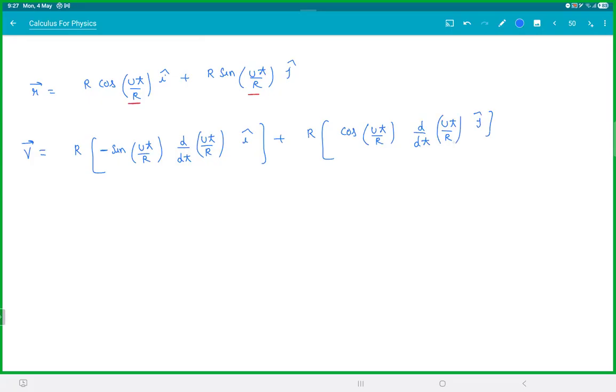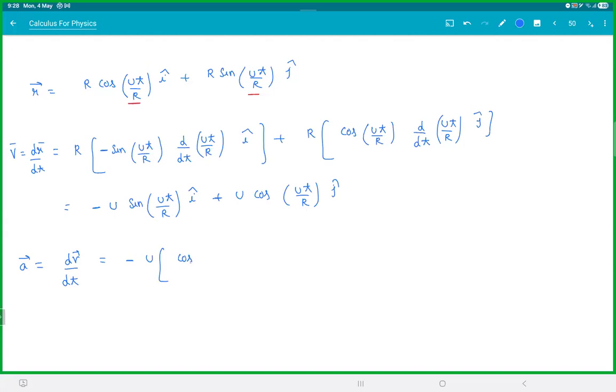So the differential of ut by r is u by r, which comes out. So that would be minus u sine(ut by r) i cap plus u cos(ut by r) j cap. If you differentiate this again, dv by dt, this would be minus u, the differential of sine is cos ut by r, and one u by r comes out.